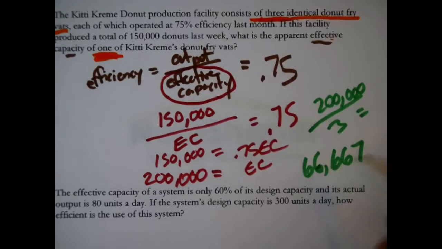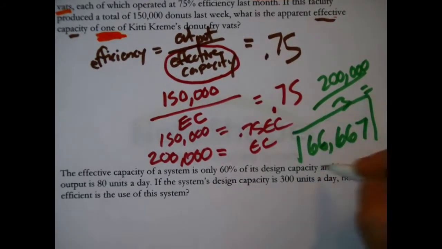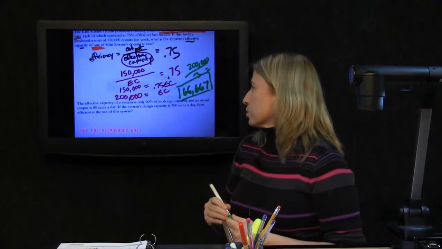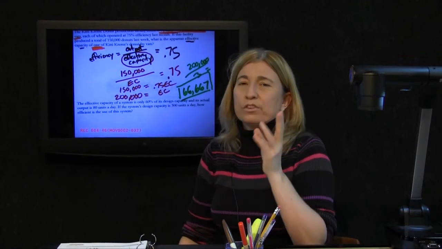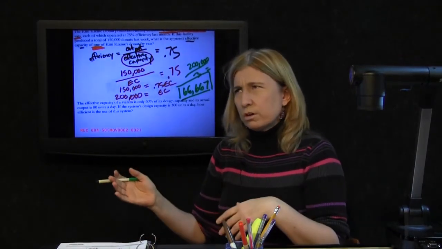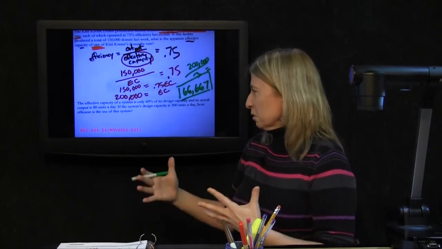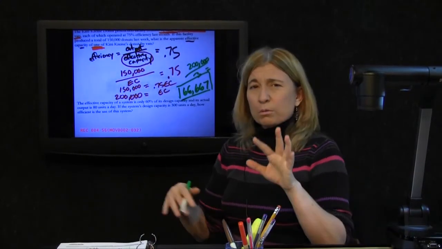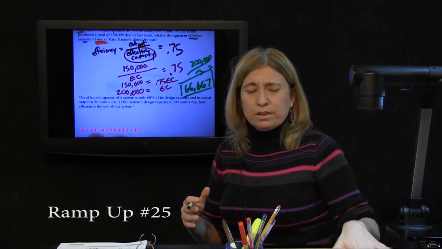Well, there shouldn't be if they're going to sell it to you, right? That's how we get the answer to that particular question. The effective capacity of one of the fry vats is 1/3 of the overall effective capacity, 66,667 donuts.